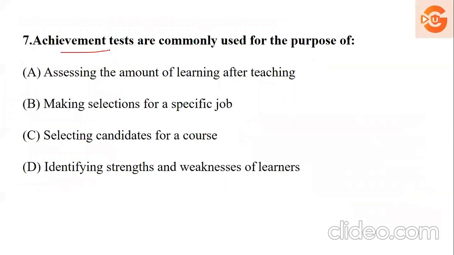Next question is, achievement tests are commonly used for what? See, achievement test. Now let's see what the options are. Assessing the amount of learning after teaching. Making selection for a specific job. See, we are dealing with the students, so this immediately does not come. Selecting candidates for a course. So when we are talking about this, definitely not, we do not consider that at first.